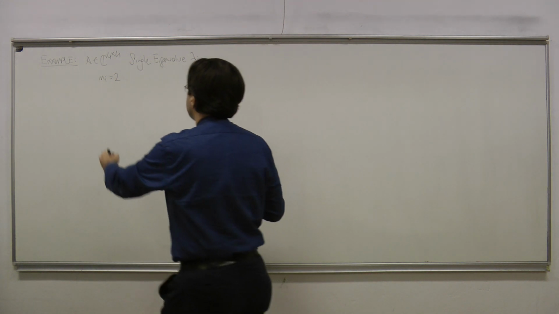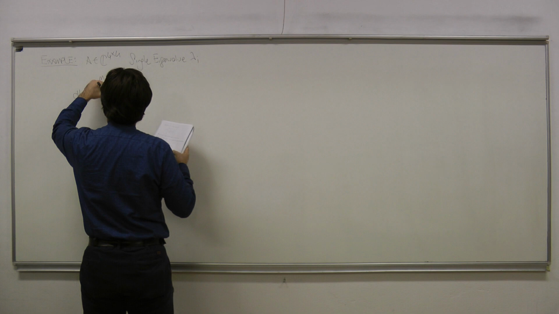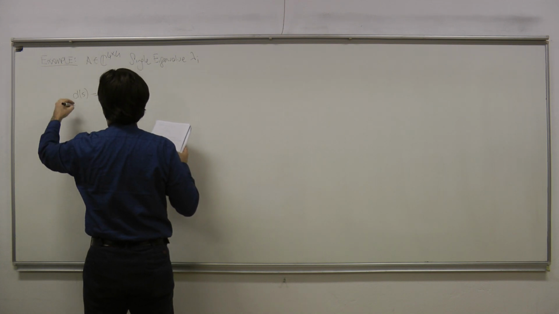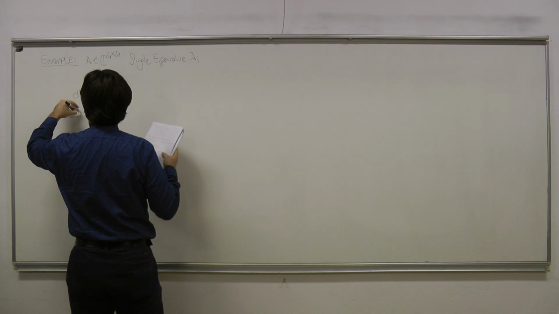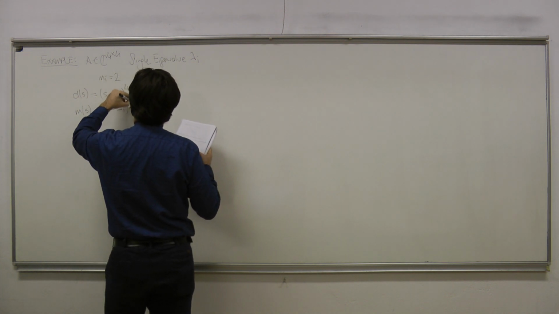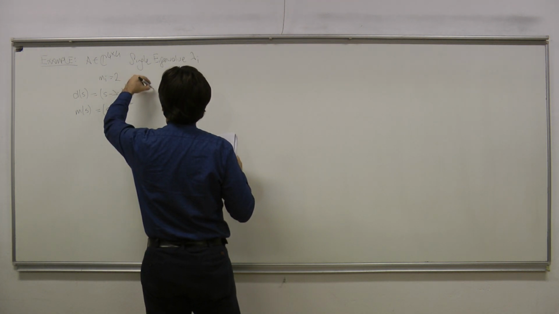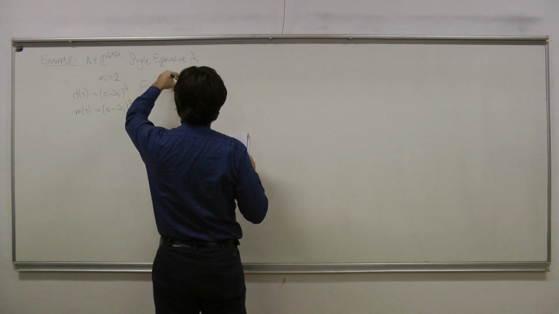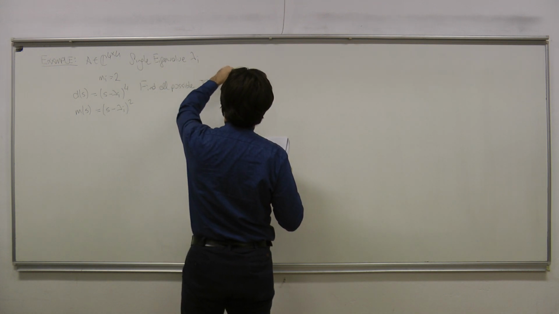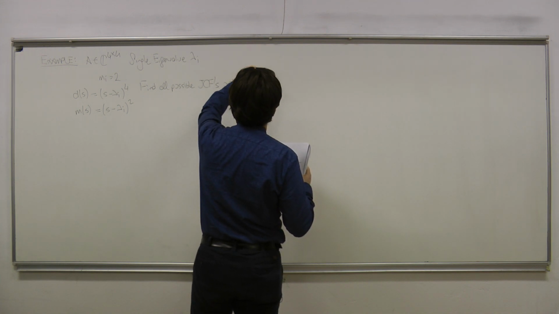In that case, we know that d of s is equal to (s minus lambda_i) to the power 4, because that's the size of the matrix and we have a single eigenvalue. And m of s is (s minus lambda_i) to the power 2. The task is to find all possible Jordan canonical forms and the corresponding P matrices.